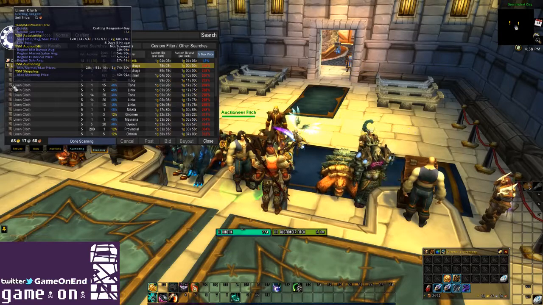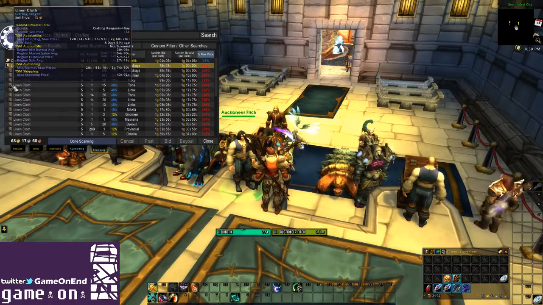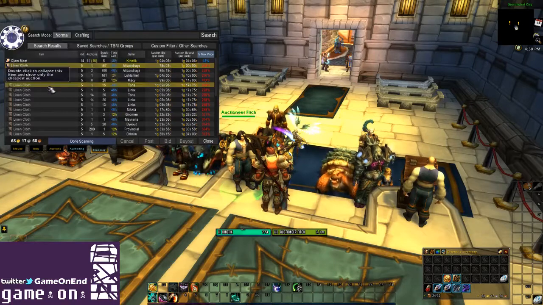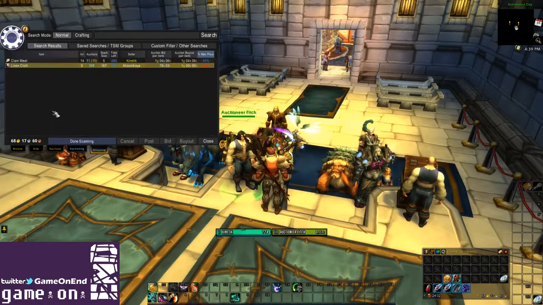We can look at this by hovering over the item and seeing the tooltip, which shows that the average price this sells for is about 27 silver, and the market average price is about 54 silver. So the items that are up right now are pretty overpriced and not something we want to buy.